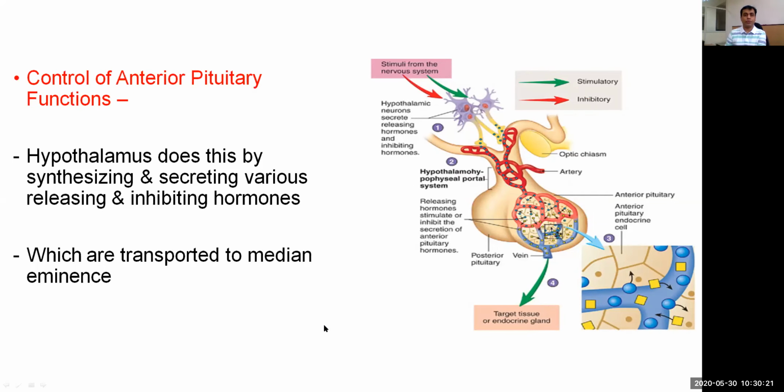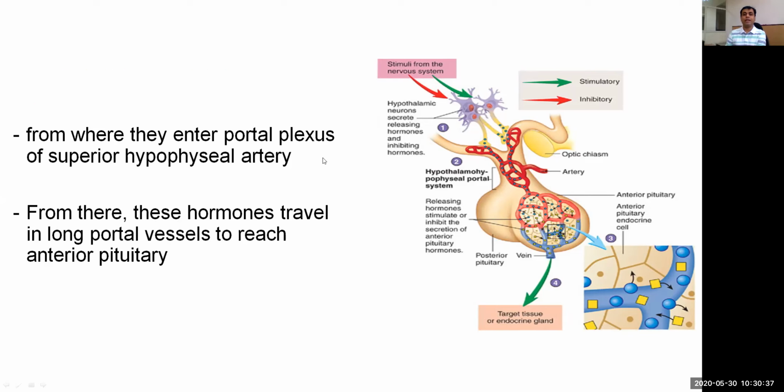Control of anterior pituitary. The hypothalamus does this by synthesizing and secreting various kinds of releasing as well as inhibitory hormones, which are transported first to the median eminence, that is to this particular part, and from where they enter the portal plexus of the superior hypophyseal artery.